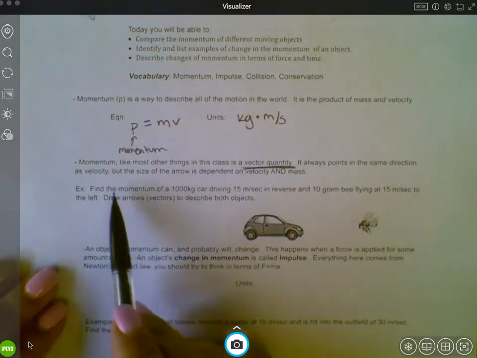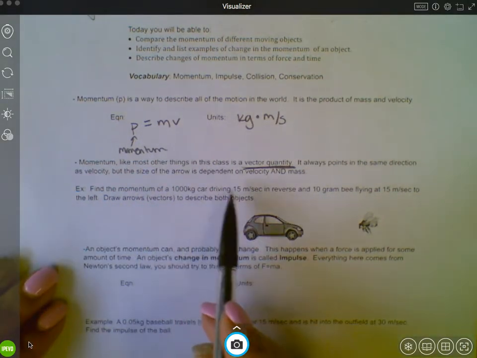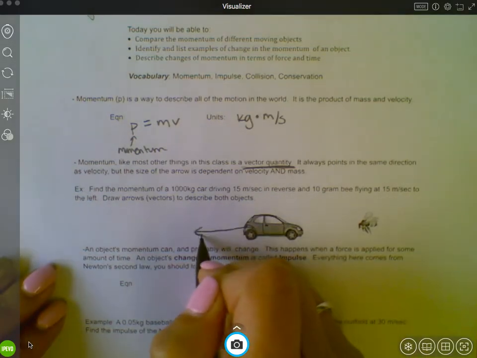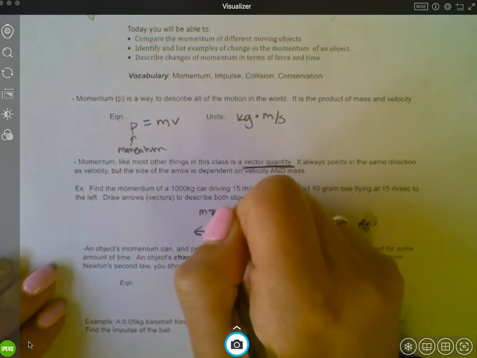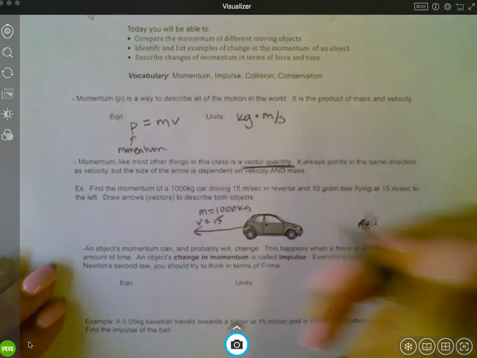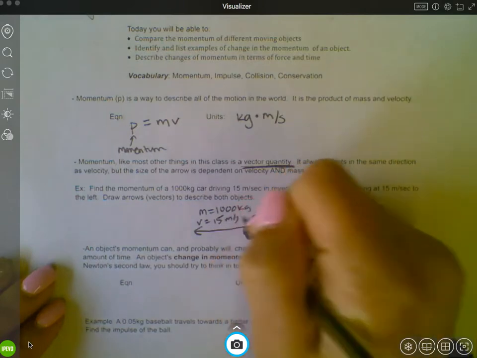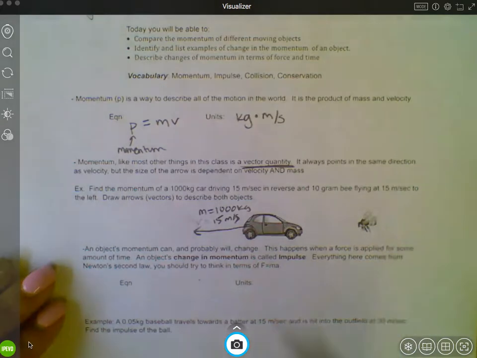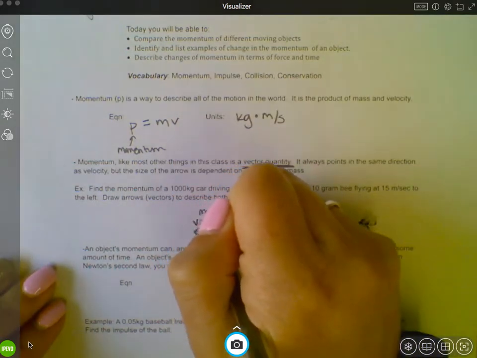Find the momentum of a 1,000-kilogram car driving at 15 meters per second in reverse. So it's driving this way. Its mass is 1,000. Velocity is 15, and since it's driving backward, I'm going to put a negative on the velocity.